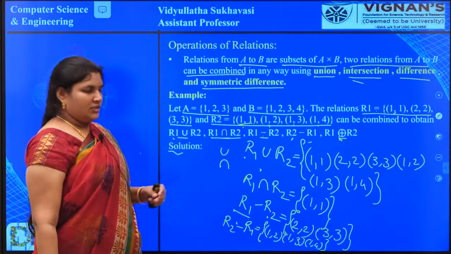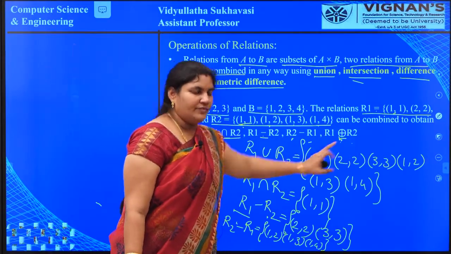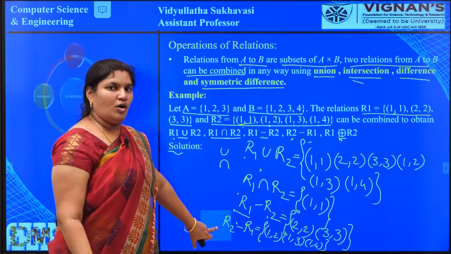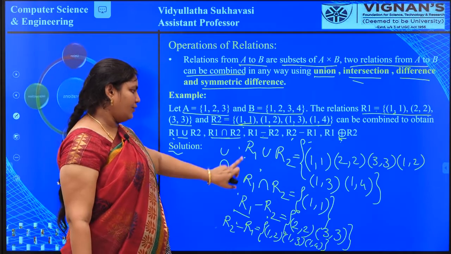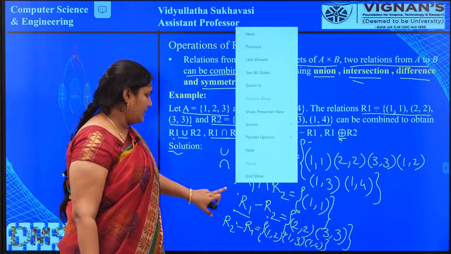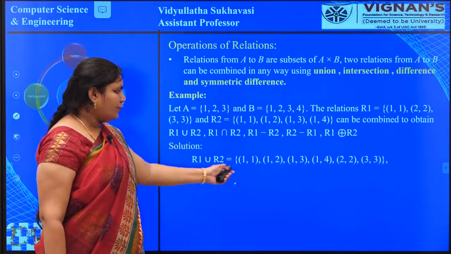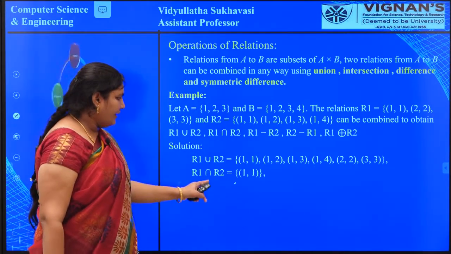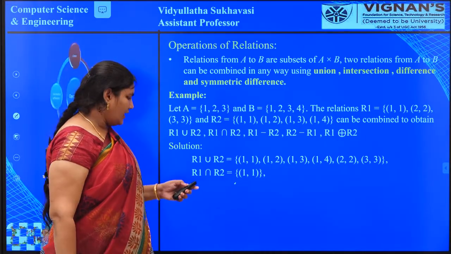Next, how are we going to find R1 symmetric difference R2? With the help of R1 minus R2 and R2 minus R1, or we have another formula with the help of R1 union R2 and R1 intersection R2. So now we will see this. In R1 union R2 we have combined all the ordered pairs, and in R1 intersection R2 we have taken only the common elements in both the relations.